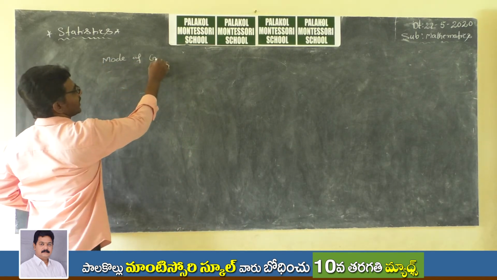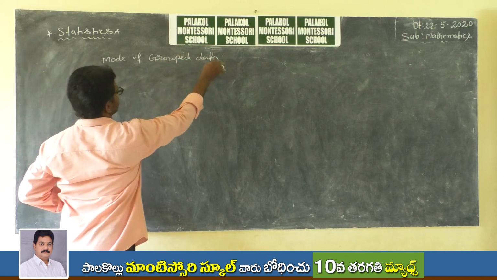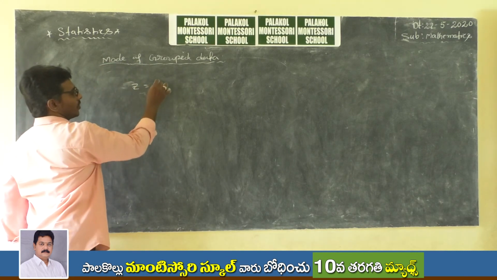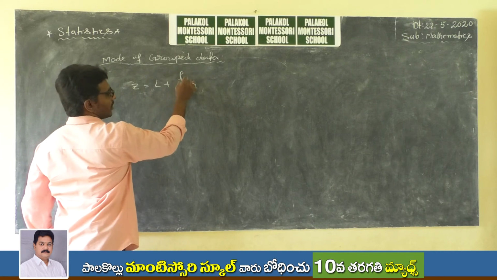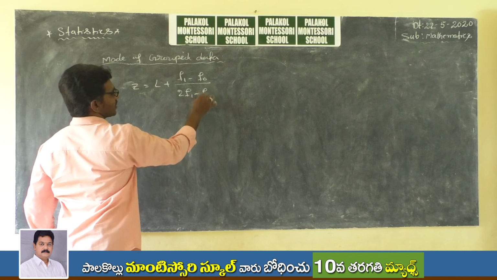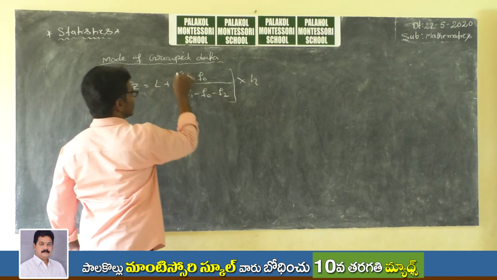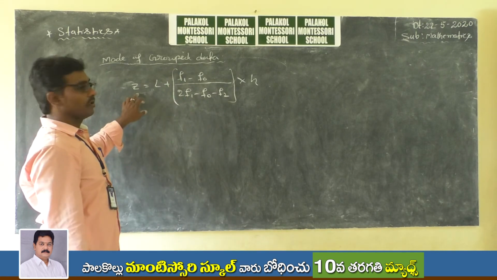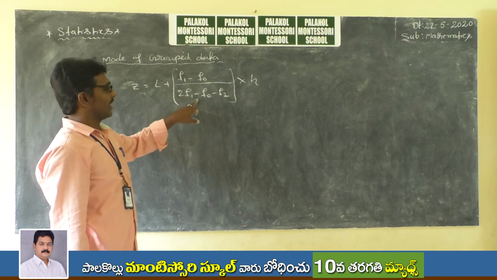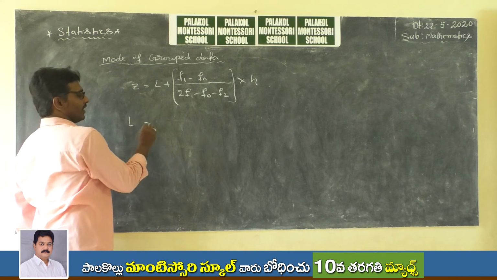Now mode of grouped data. Here one formula is there: Z is equal to L plus F1 minus F0 by 2 F1 minus F0 minus F2 into H. What is the meaning of L?